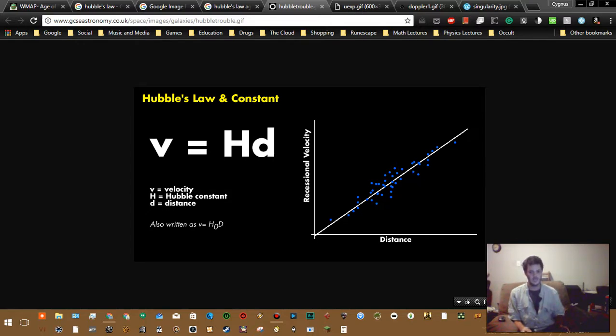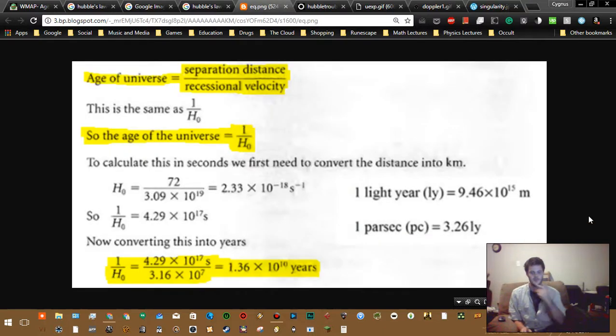Okay, so that's the next point. Pausing again. This picture right here sums it all up faster than I could, and I only had to Google it. The age of the universe equals separation distance over recessional velocity. I just said that. The same as inverse H sub 0. So the age of the universe is 1 over H sub 0. So we already know what H sub 0 is.